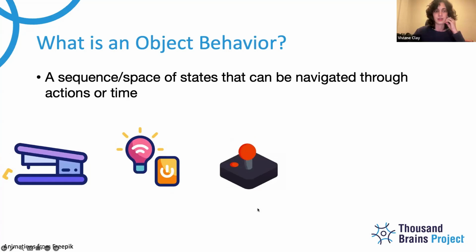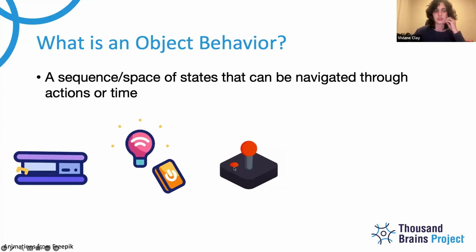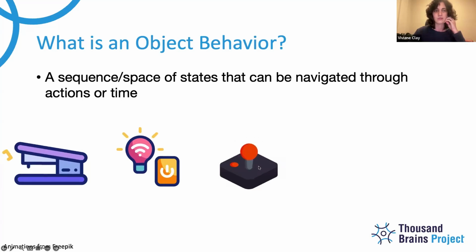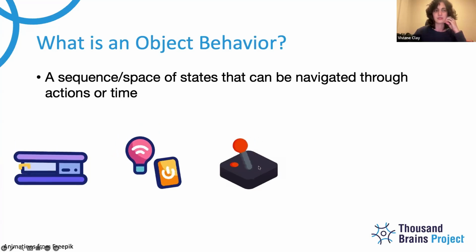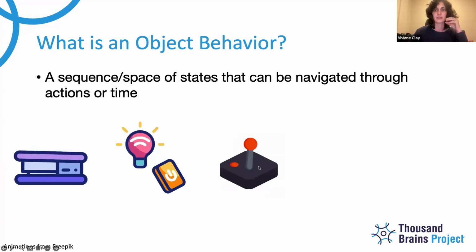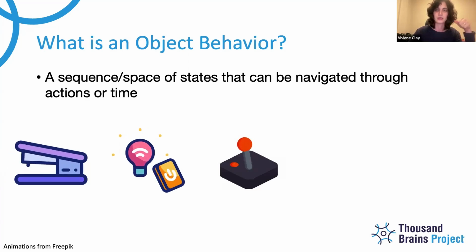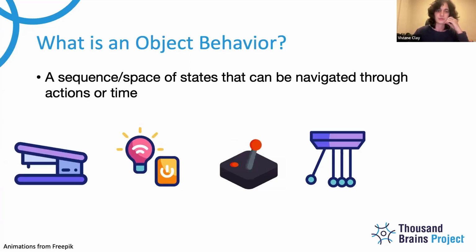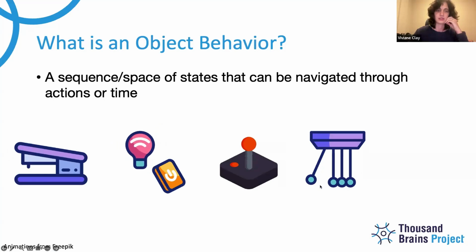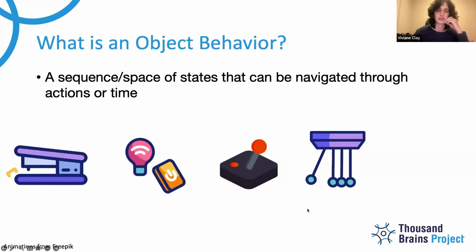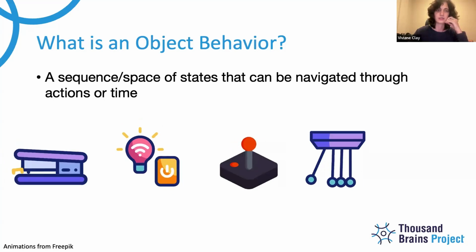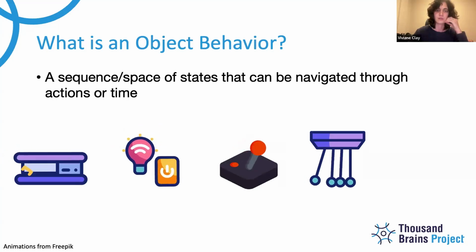Then we have states that have a more continuous space that you can navigate through, like a joystick, where maybe you even need some path integration properties to model how you can navigate through that state space. Then we have behaviors that aren't necessarily affected by your own actions, that just change over time.